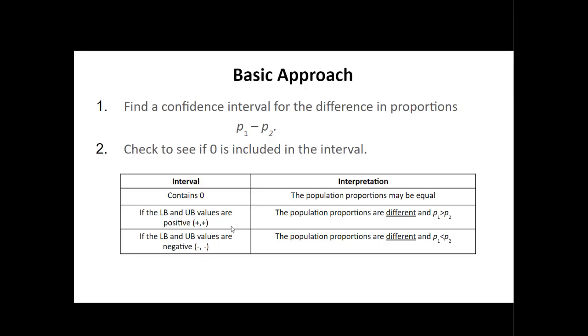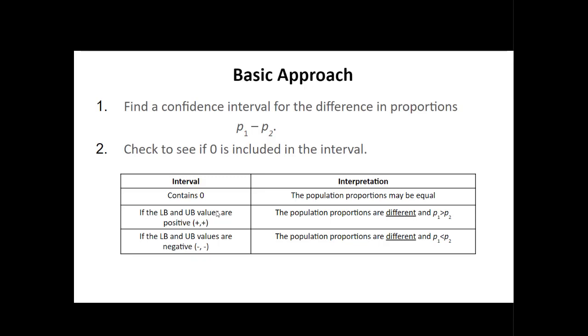If the lower bound and the upper bound are both positive, that gives the indication then the first proportion that you used is greater than the second proportion that you used. Okay, they're different. If the lower bound and the upper bound values are negative, that means that the first proportion that you used is less than the second proportion. Okay, so you're basically going to look at that interval and see, does my interval capture 0? If it does, there's no difference.